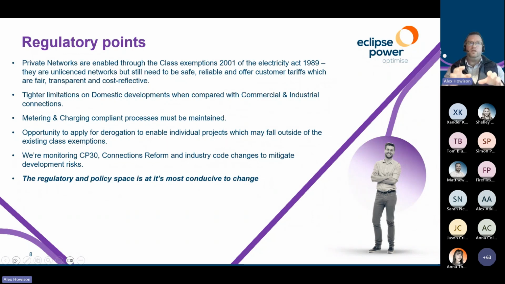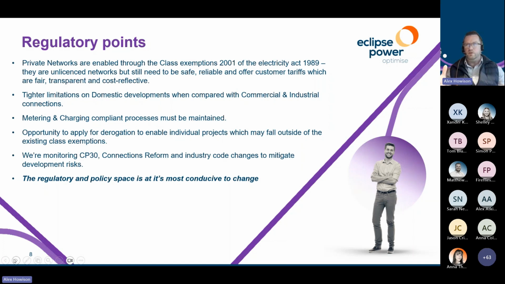And I think it's really key to draw that out, that in this mix of changing rules and regulations, connections reform and policy changing from a government perspective, there has never been a better time to try and drive those solutions and to ask for what the art of the possible is.